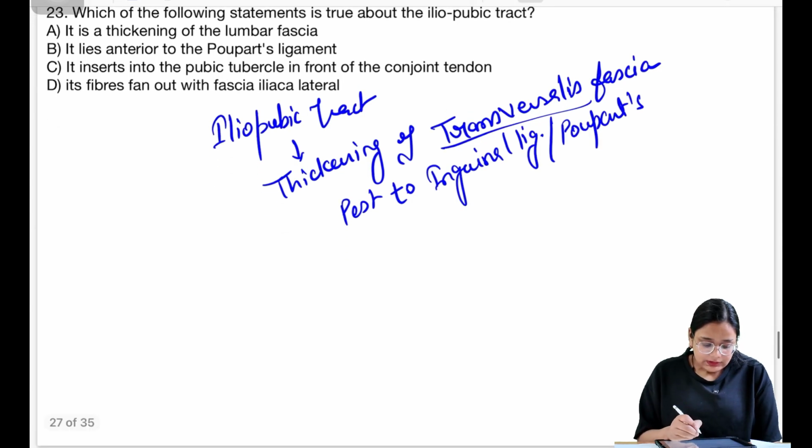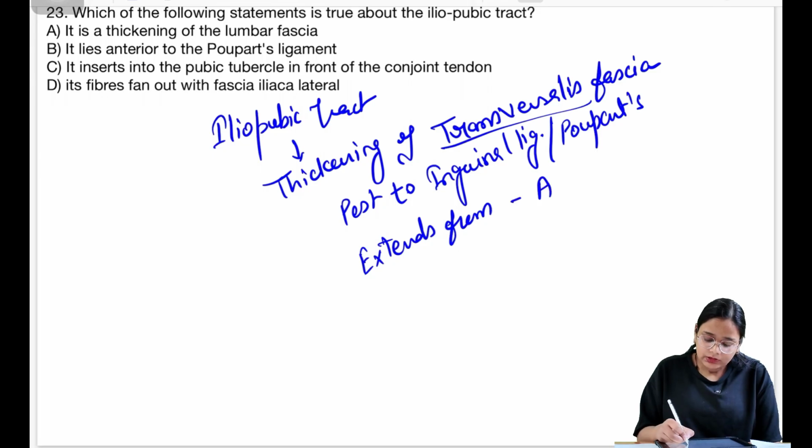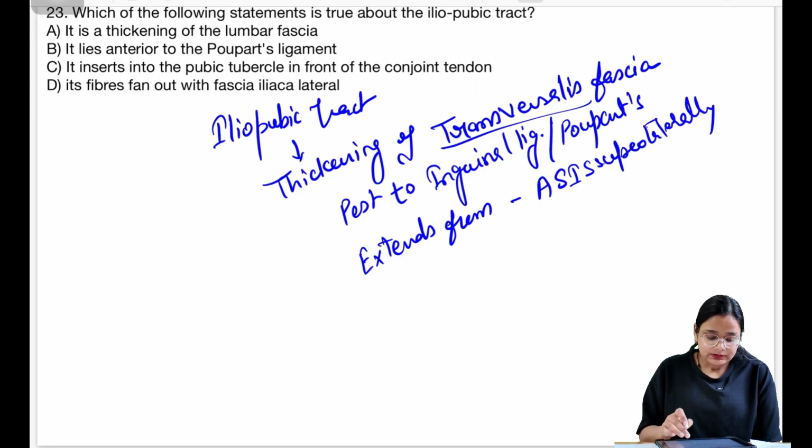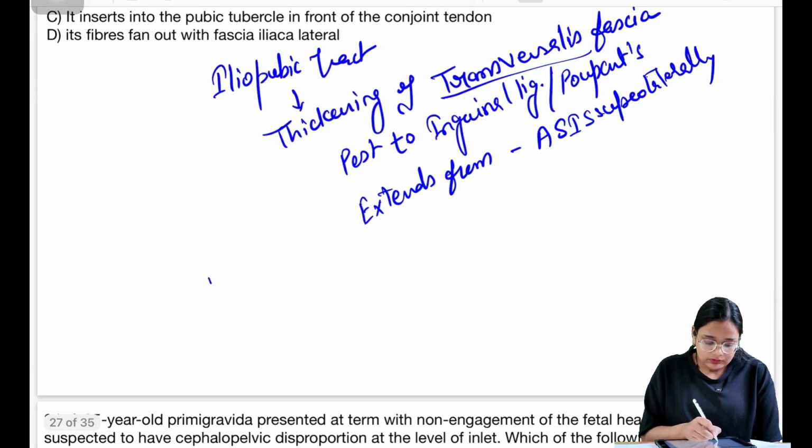Next, it extends from the anterior superior iliac spine superolaterally. Next, the attachment you have to remember.